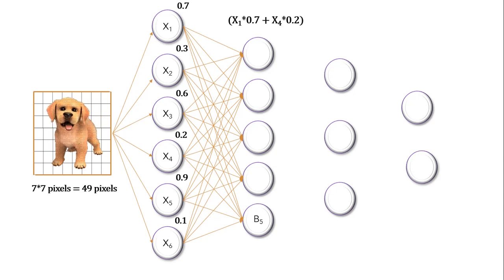Each of these neurons is associated with a numerical value known as bias, which is then added to the input sum. This value is then passed through a threshold function called the activation function, which we will discuss in detail in the next session. So the activation function determines whether a particular neuron will get activated or not.